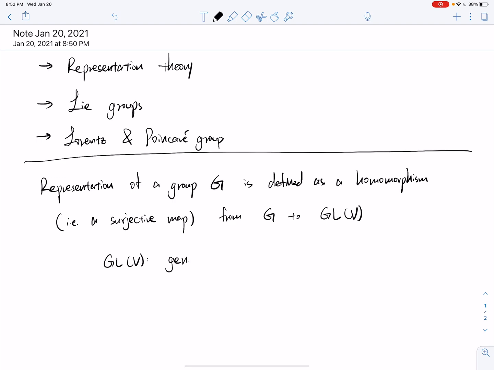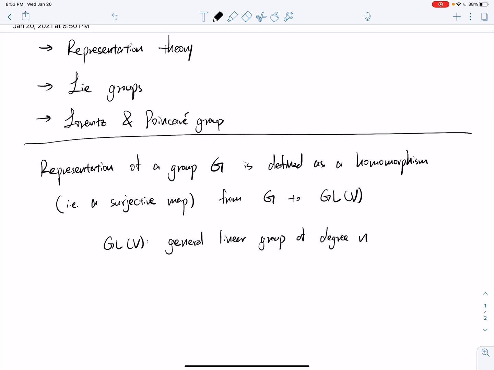GLV stands for general linear group of degree or dimension n. Actually, here we use dimension V. In other words, it's a group of all the V times V invertible matrices.